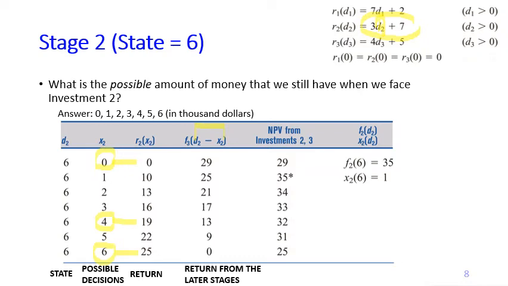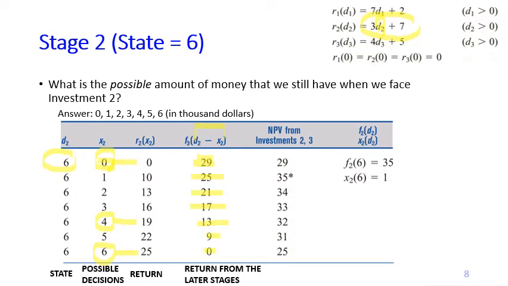So for example, if you start investment 2 with $6,000 and you invest nothing in investment 2, you will start investment 3 with $6,000. So this 29 is F3(6). This is F3(5), F3(4), F3(3), F3(2), F3(1) up to F3(0).